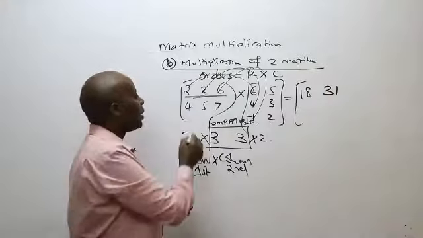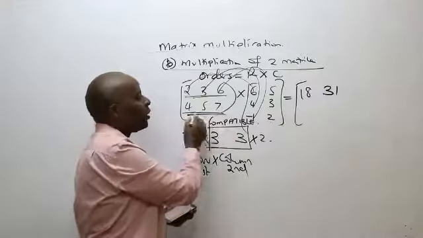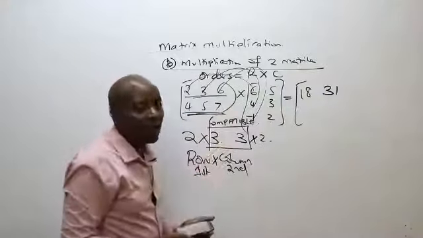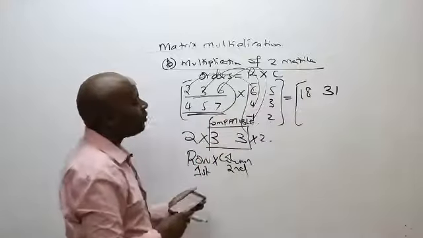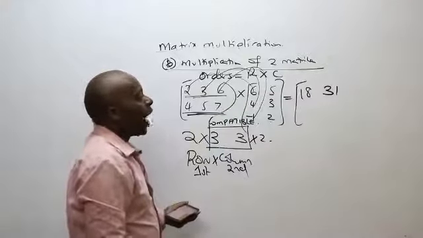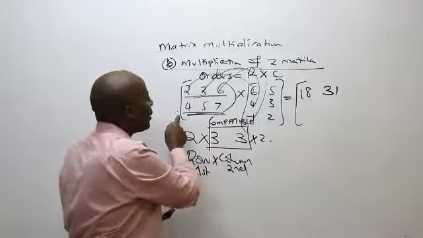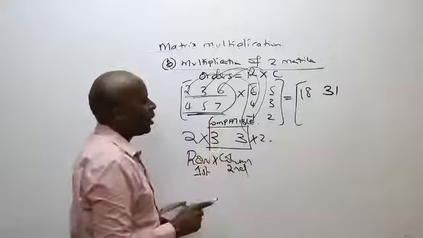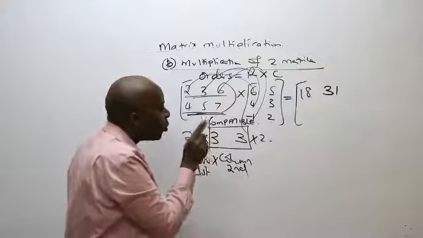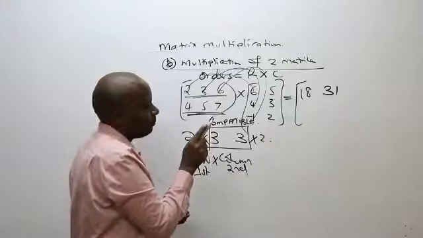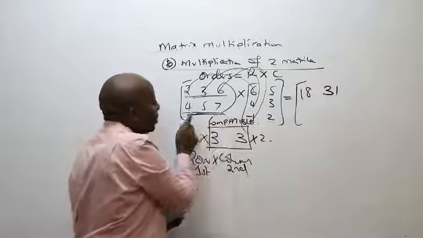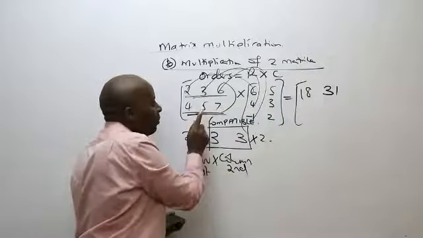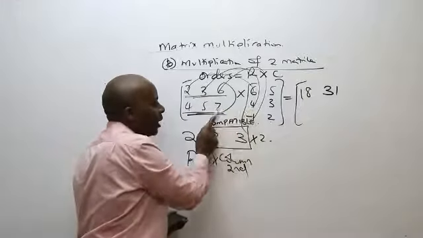Now, ladies and gentlemen, from there we have this row. This row will be multiplied with the columns of the second matrix. And how do we do this? It is the concept of running down the ditch. But as I run down the ditch, I must always know the steps to step on. It is first ones multiplied, plus my second step, plus my third step.